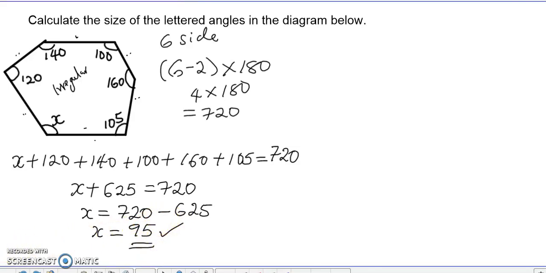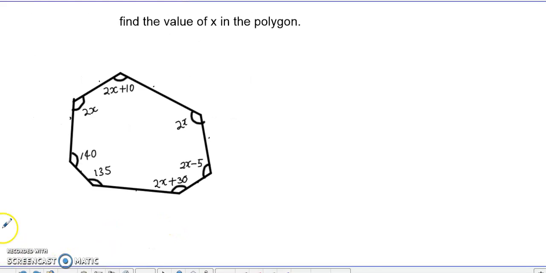Then let's look at another question. We are asked to find the value of x in this polygon. First of all, I'm going to find the sum of the interior angles. How many sides do we have here? 1, 2, 3, 4, 5, 6, 7. That gives us 7 sides.